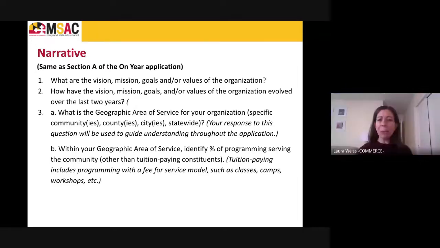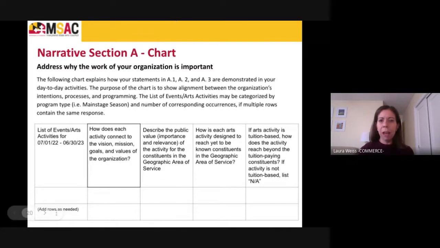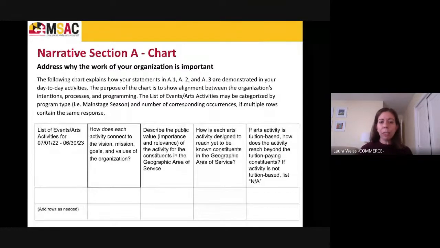Okay. I just want to bring up a question that's in the chat, just to vocalize that. A question from Megan about the yet to be known constituencies question, and can we clarify what this means and how important it is? Sure, Megan. Let me just move slides so we have it in front of us. That's really looking at who are you not reaching yet that you could reach with this programming?